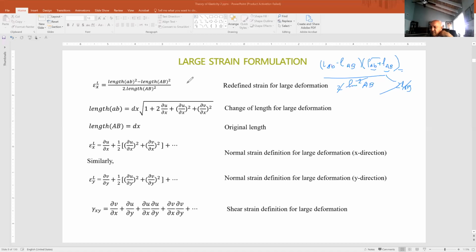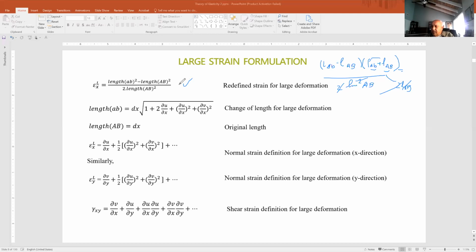So this definition is compatible with small deformation, because when you are introducing a large strain deformation, it should also cover small deformation to have a continuity in our formulation.